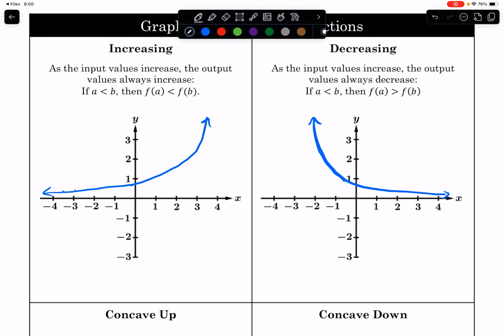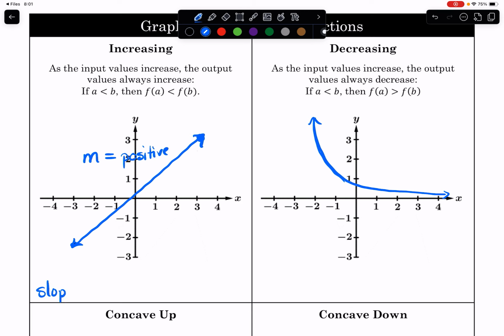As you saw in the previous example, let me do it in terms of a line like we did before. If a function is increasing, like this line right here, you know from Algebra 1 that the slope of a line that goes upward is positive. So our slope, which we're going to call the rate of change, is always going to be positive. It's always going to be a number greater than 0.